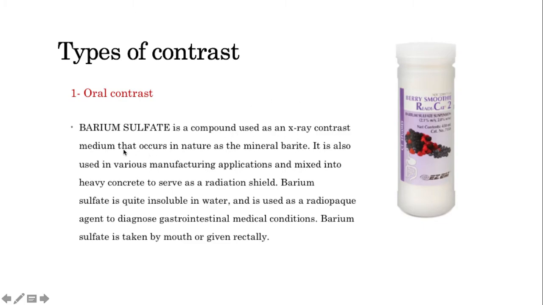We use it in both X-ray and CT scan. It occurs in nature as the mineral barite. So the mineral barite is available in nature, then it's made to become medically available as oral contrast. It is also used in various manufacturing applications and mixed into heavy concrete to serve as a radiation shield.